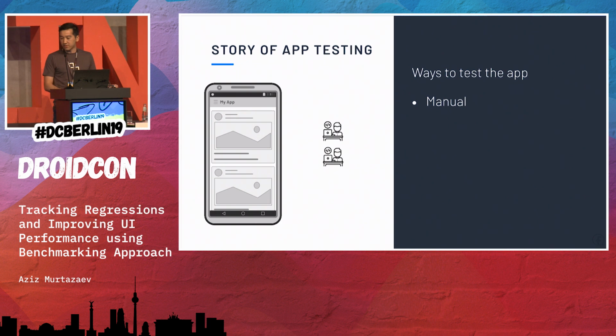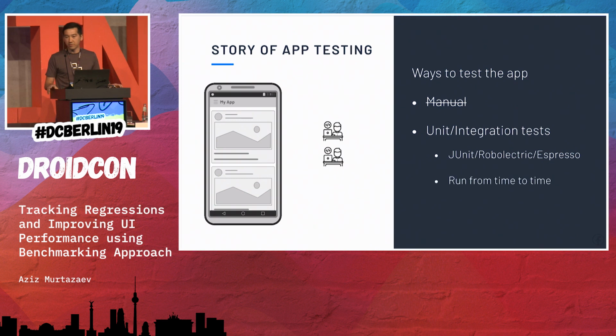So you start investing in unit tests and integration tests. You can use tools like JUnit, Robolectric, or Espresso, and you can run these tests from time to time. Then you add more developers, your app gets more popular, and you add more features.